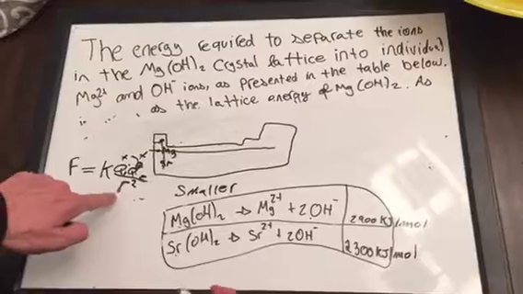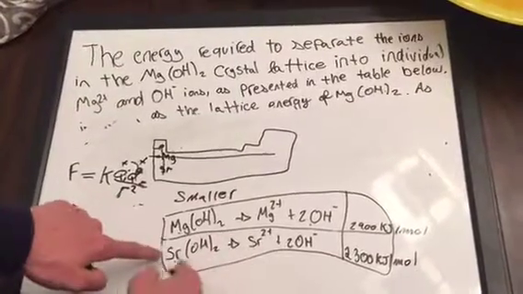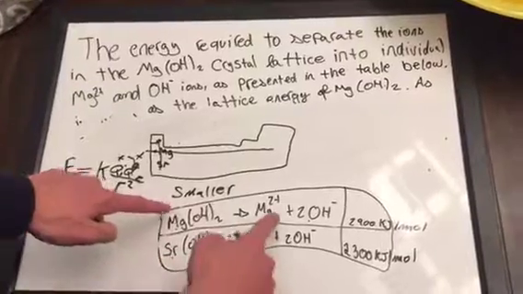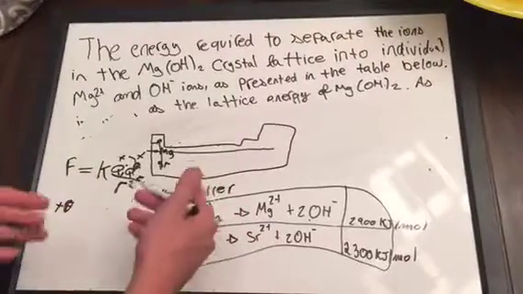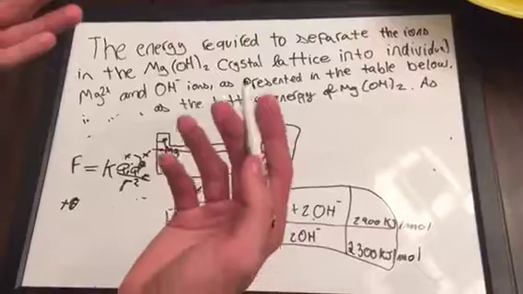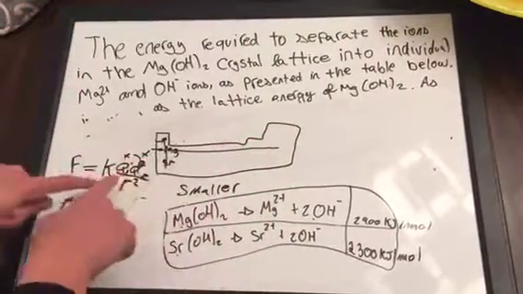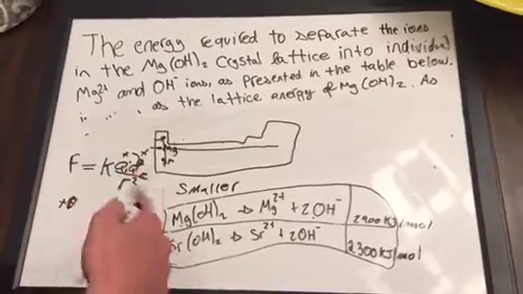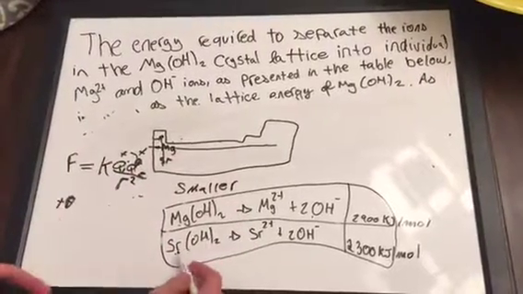So this value is bigger if you are using strontium hydroxide than in magnesium hydroxide. Because we are dividing by a higher number, and because both of them have the same charges, we end up with a smaller force in strontium.